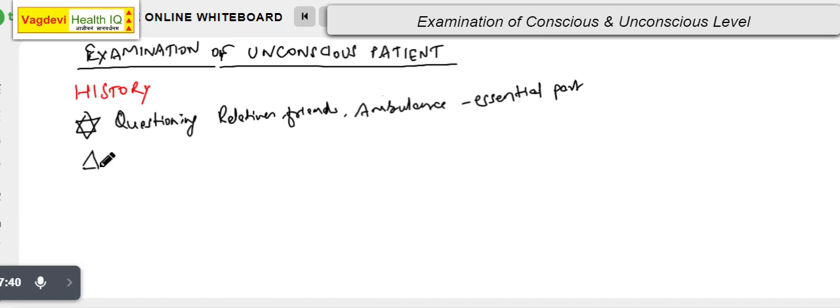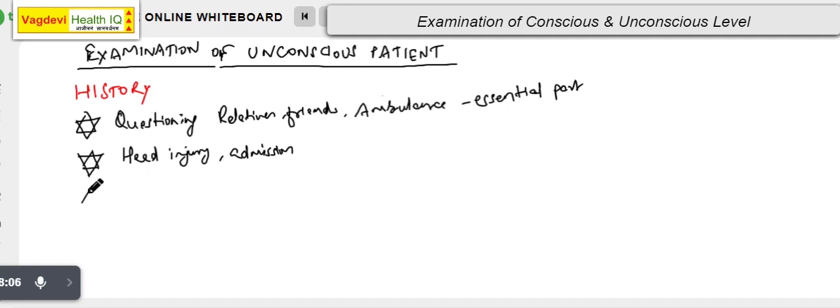After that you have to find whether it is a head injury, because a coma kind of situation, an unconscious level situation, is seen. Head injury or any kind of injury which is leading to admission in the hospital immediately or a little late.